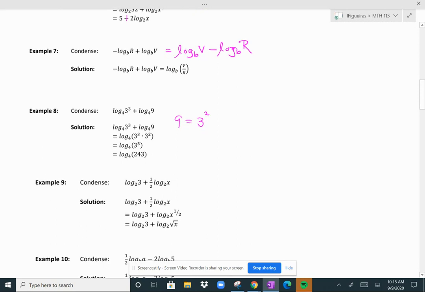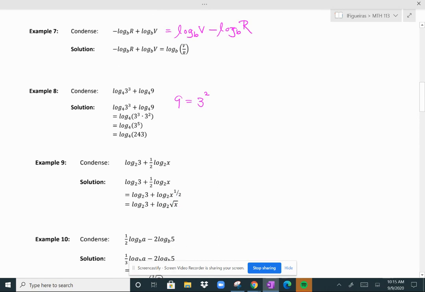And then here I rewrote this as a square root, but you can actually do a little more. So the next step is to then combine these two using the product law. And with the product law, you would get log base 2 of 3 root x.